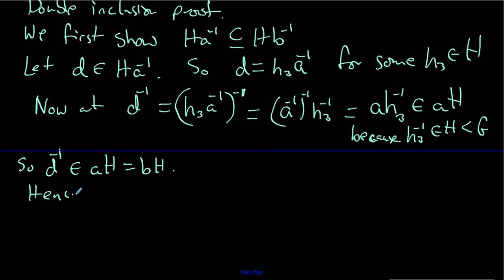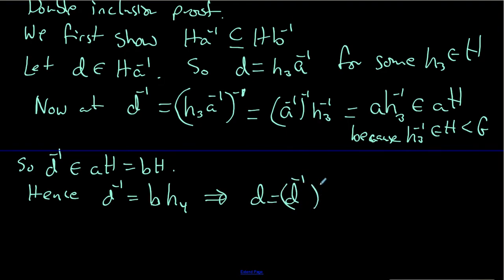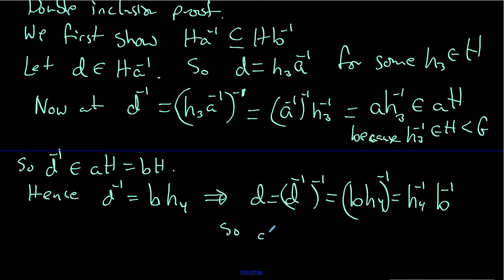Hence, we know that D inverse can be written as B times some element of H, and this is going to have to be h4. Well, that is going to tell me that D itself, which is D inverse's inverse, is going to be the inverse of b times h4. But the inverse of b times h4 is h4 inverse times b inverse.